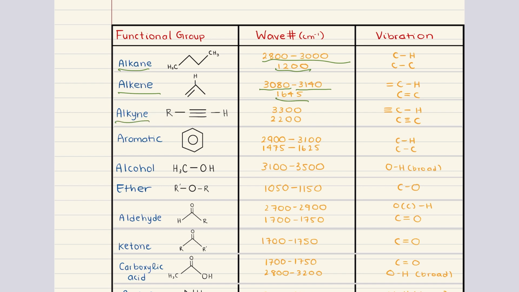Alkynes show carbon-hydrogen stretching for triple bonded systems around 3,300 wave numbers, and carbon-carbon triple bond stretches are found near 2,200 wave numbers.